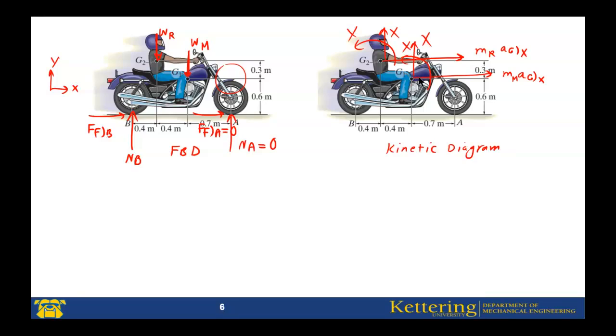Now, first step, use the equation of motion. Look, sigma Fx equals m a_Gx. Left of this equation, look at this. Right of this equation, look at this. Left by left, right by right.